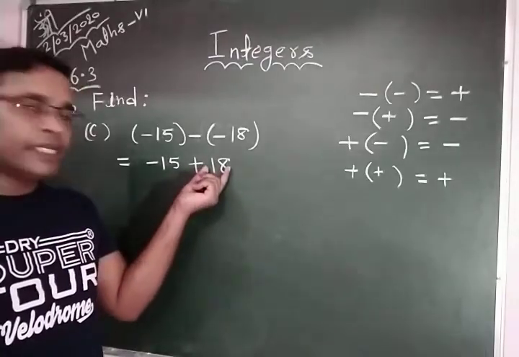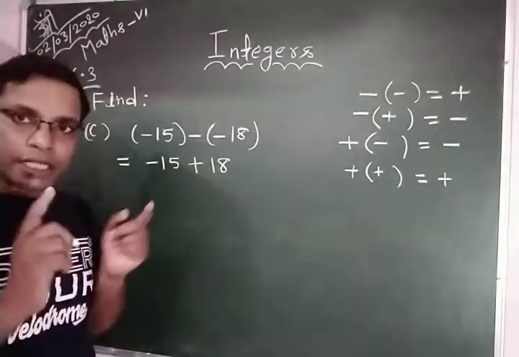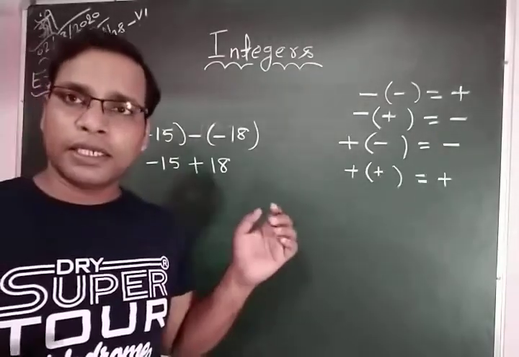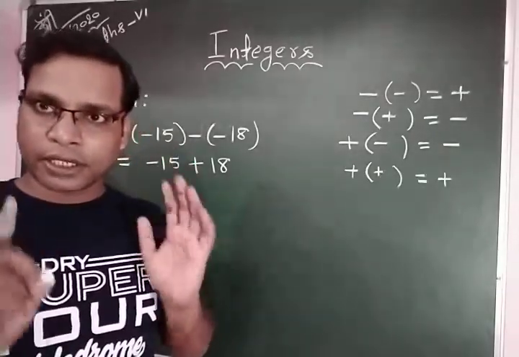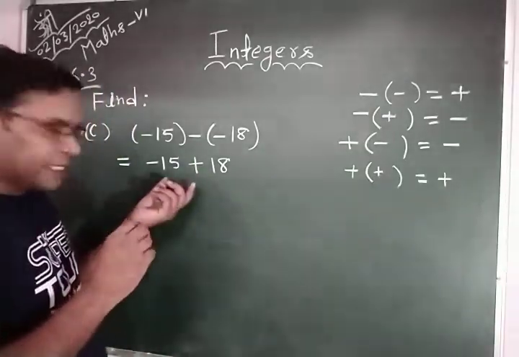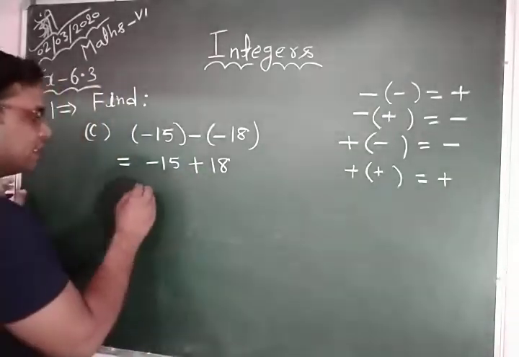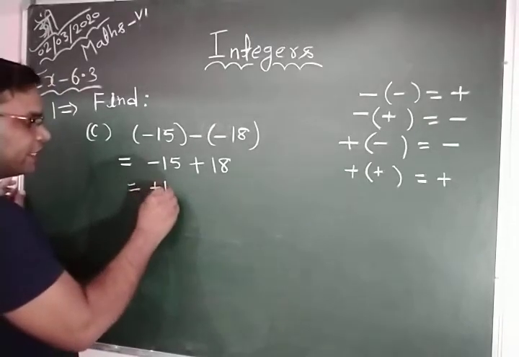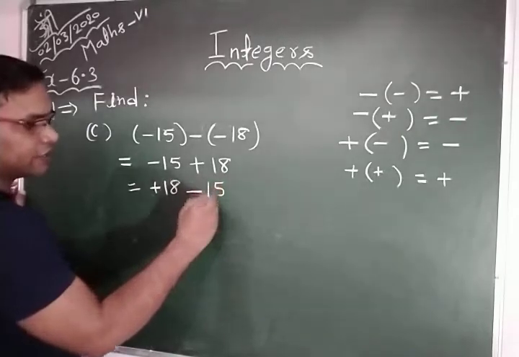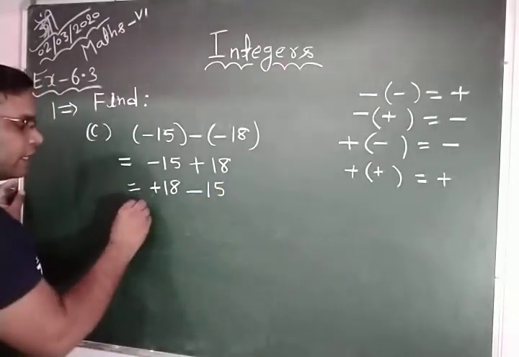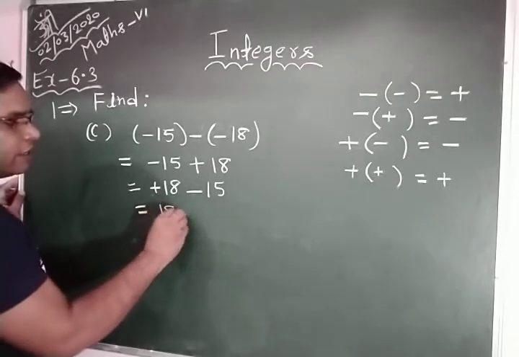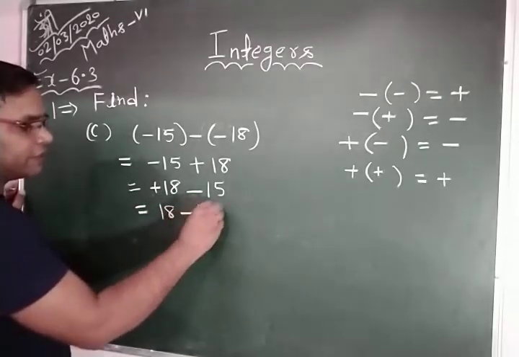So 18 is greater than 15, and the signs of both integers are different. It means that here subtraction is done. So you can rearrange the numbers like that, write plus 18 first, minus 15. Sometimes we write only 18 minus 15.